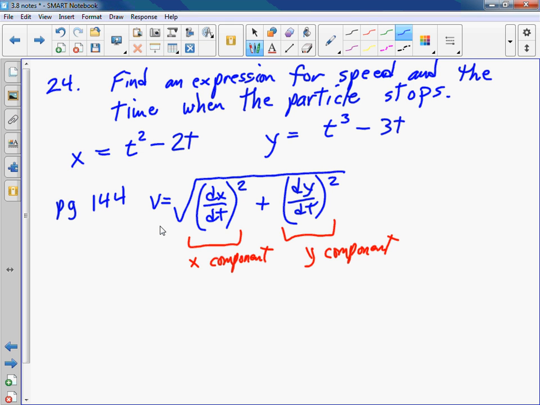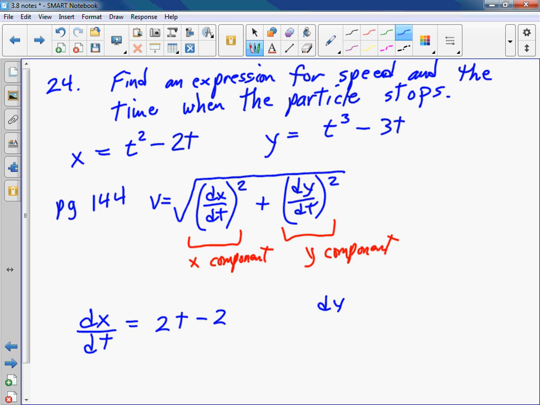Now let's take the derivative of those originals. The derivative of x with respect to time equals 2t minus 2.